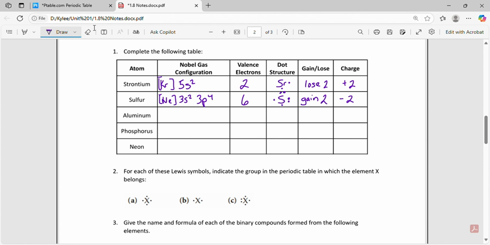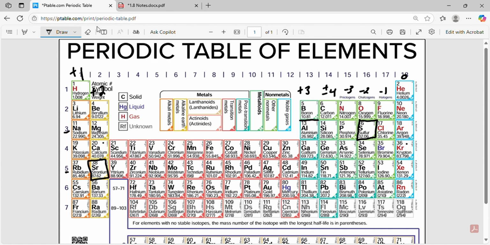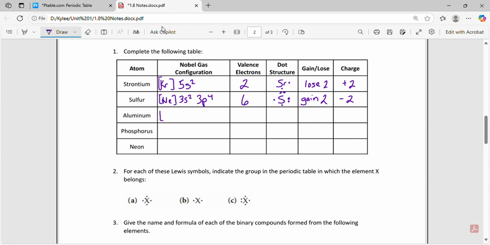All right, next, aluminum is in the same period as we just saw with sulfur. So it's going to look very similar to sulfur, except for the ending. Instead of being P4, it's going to be P1. So we're still going to use neon because that's the closest without going over. It's going to be 3s2, 3p1.